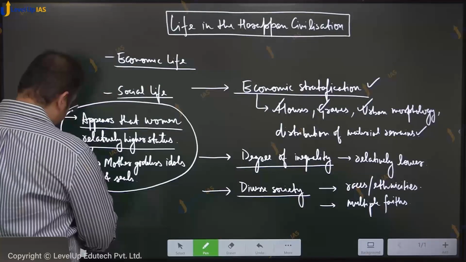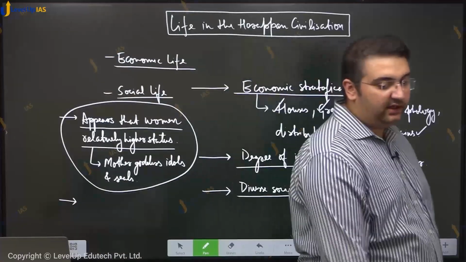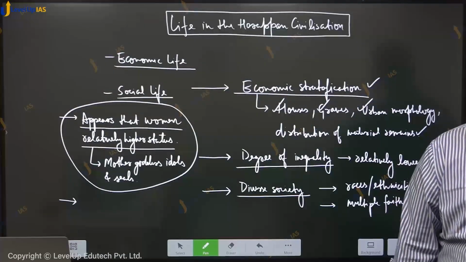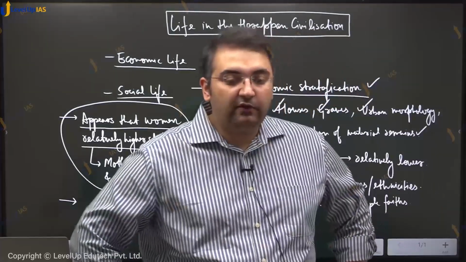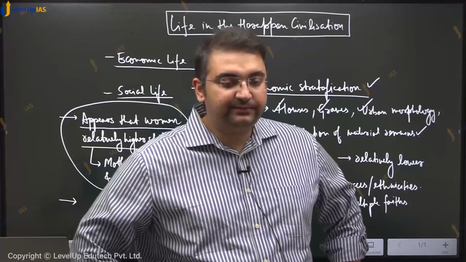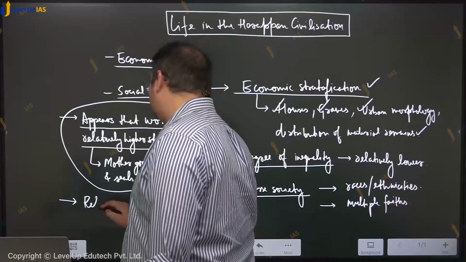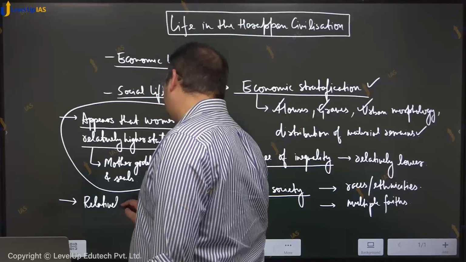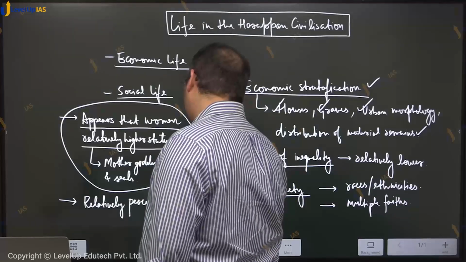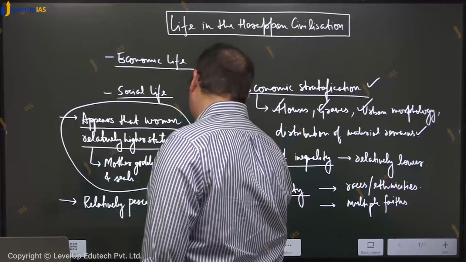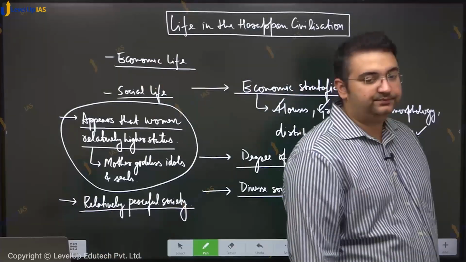Further, the social culture of the Harappan people, what did it reflect? Did it paint the picture of constant conflict or relative peace? Relative peace. कैसे बोल सकते हैं हम ये?